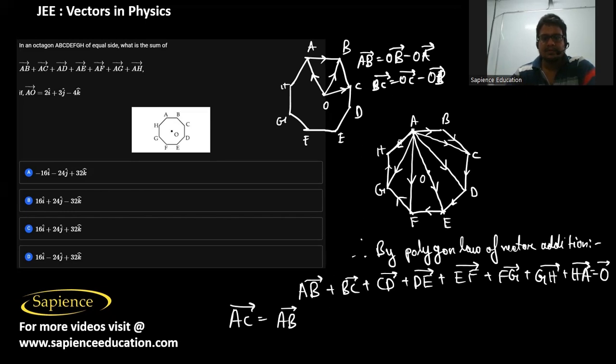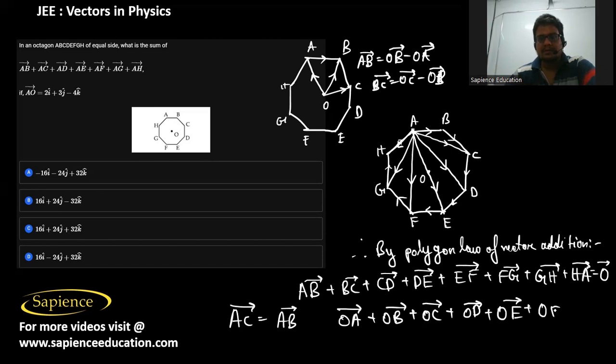Also, we can say that OA vector plus OB vector plus OC vector plus OD vector plus OE vector plus OF vector plus OG vector plus OH vector will be equal to 0 vector, simply by using the polygon law of vector addition.